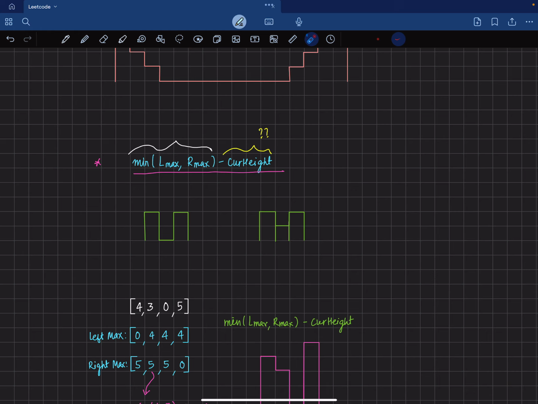Why one? Because the remaining one was subdued or replaced by this elevation, which also had a height of 1, right? So if the total amount of water in this case was to be 2, but it was replaced by an elevation, this is the elevation height, right? So the amount of water that is getting captured is just 1. So I hope it made sense to you why we are subtracting current height.